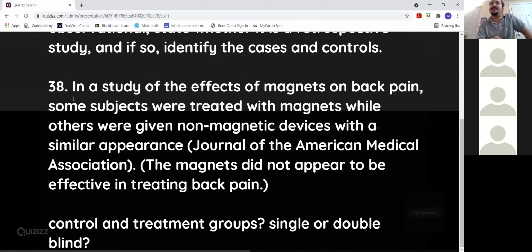And a study of the effects of magnets. So we said it was an experiment. We are giving them magnets and we are giving them this other thing called a placebo. What is the control and treatment group?